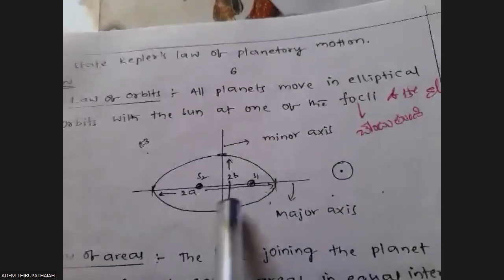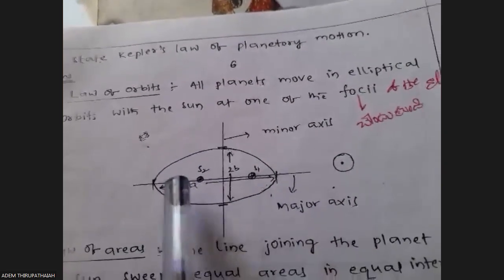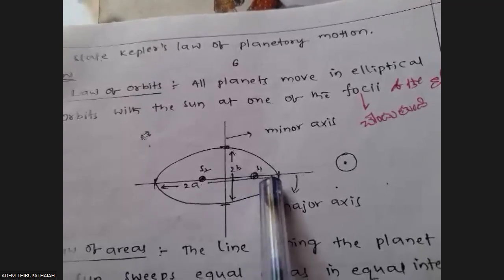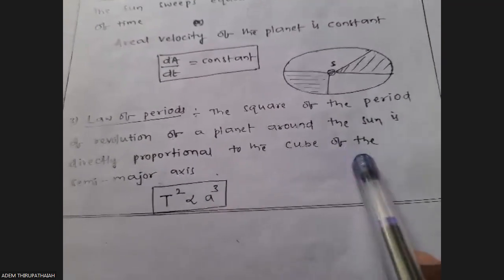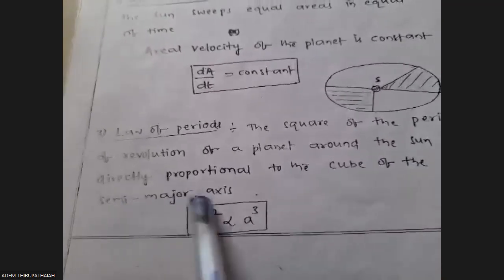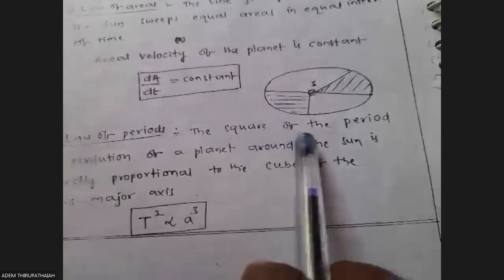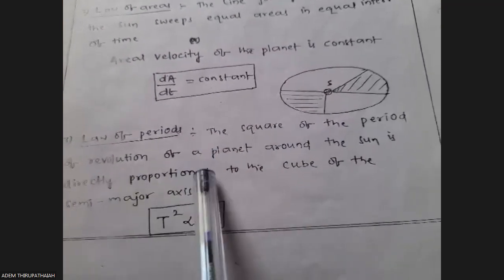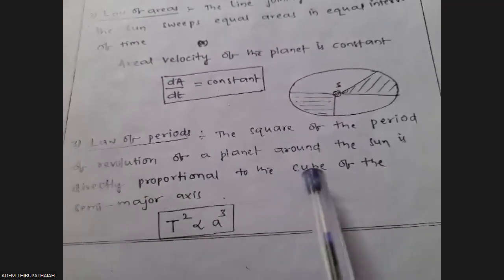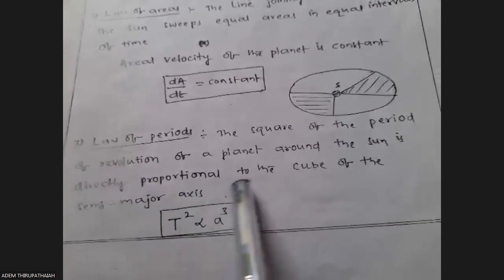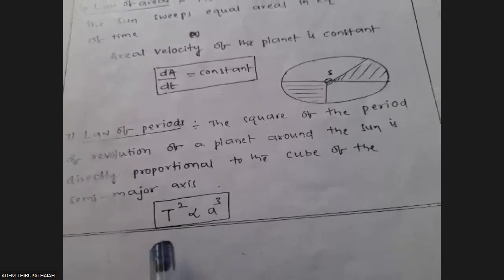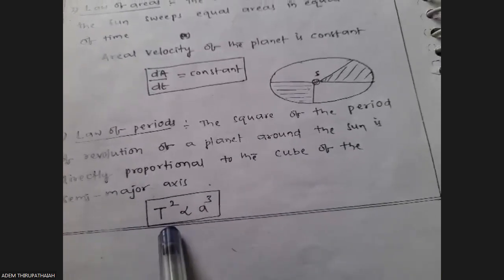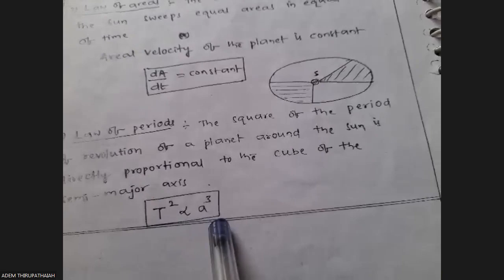The major axis is 2a, so half of it, the semi-major axis, is a. So the square of the period of revolution of a planet around the sun is directly proportional to the cube of the semi-major axis. You can write here: T square is directly proportional to a cube.